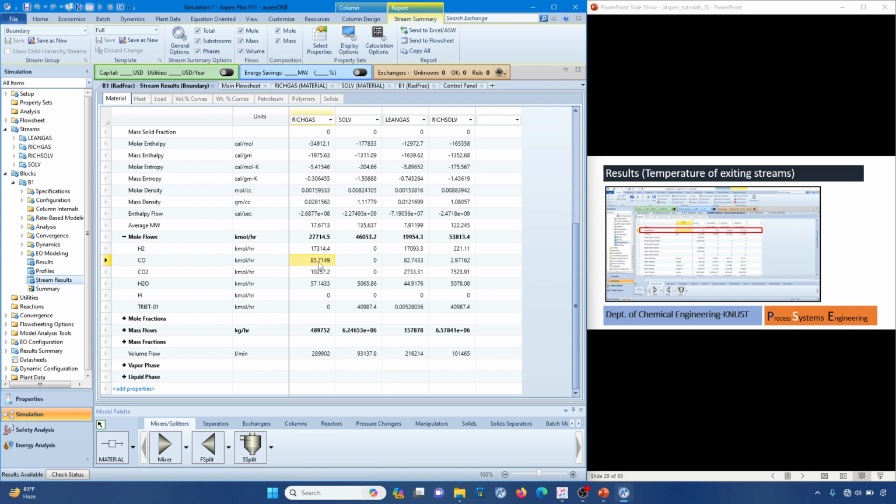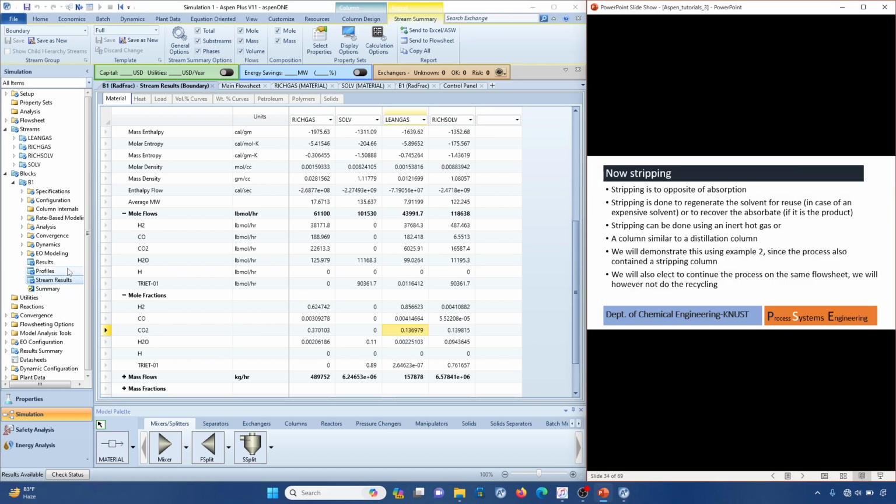Let me change this to pound so we can compare that. So we've recovered most of our CO2. We've been able to remove about 70% of the CO2.